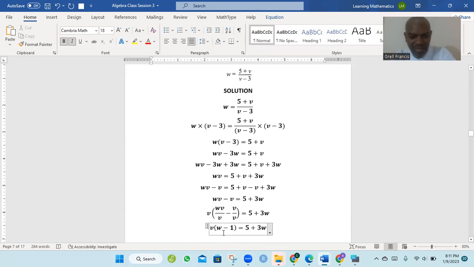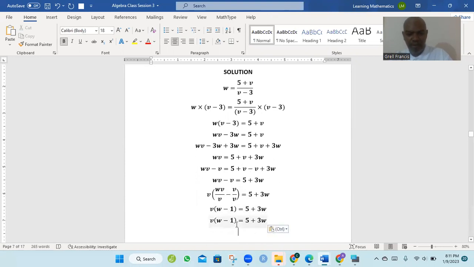Open bracket, W minus 1. Because WV divided by V is W, and minus V divided by V is minus 1. So now we are left with only one step. To get V by itself, we have to cancel out W minus 1. We have to cancel out W minus 1 by dividing by W minus 1, because W minus 1 is multiplying to V.